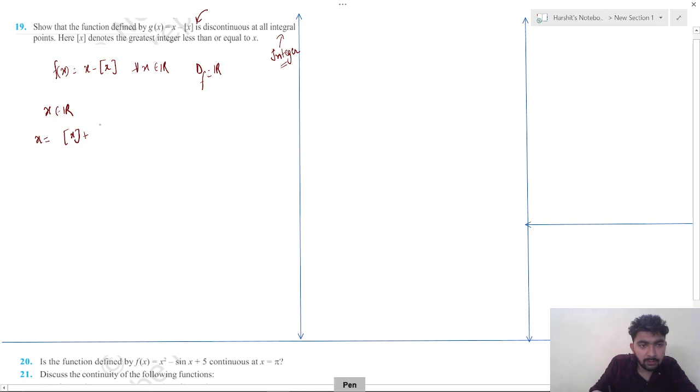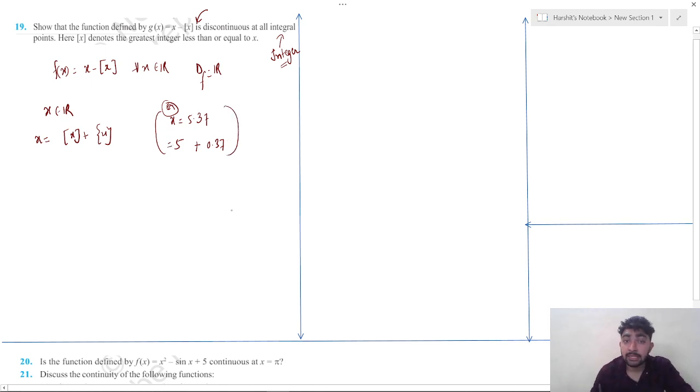Suppose I take x equal to 5.37, just as an example. It has two parts: the first part is 5 and the other part is 0.37. So the number is written as 5 plus 0.37, where 5 is its greatest integer part and 0.37 is its fractional part.